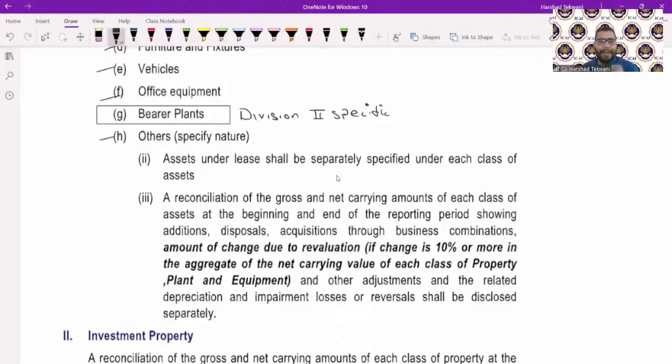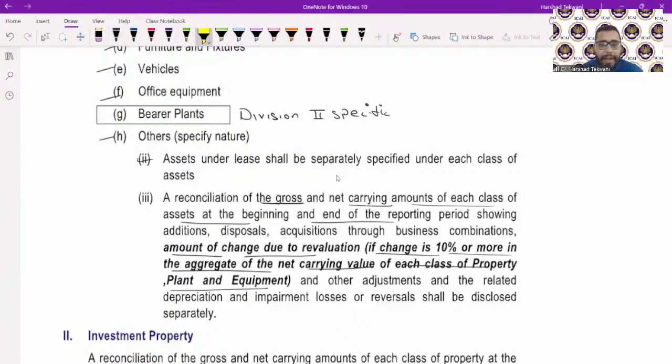Now if an asset is under lease, you need to disclose it separately. Number 2, a reconciliation of the gross and net amount of each class of asset at the beginning and at the end, and any change of amount due to revaluation. If change is 10% or more in the aggregate net carrying value of each class of property, plant and equipment, then you need to disclose that also.